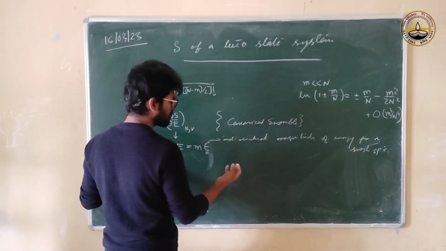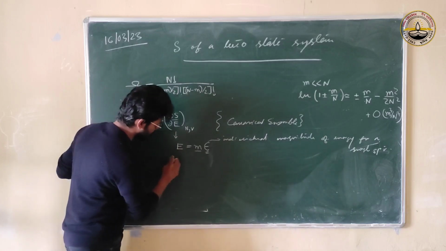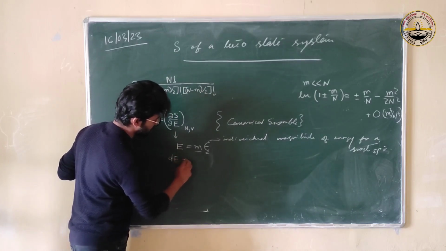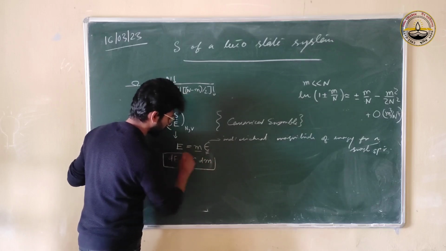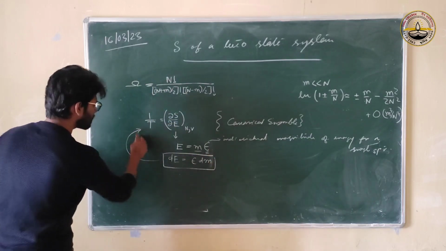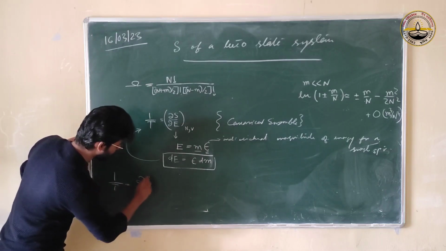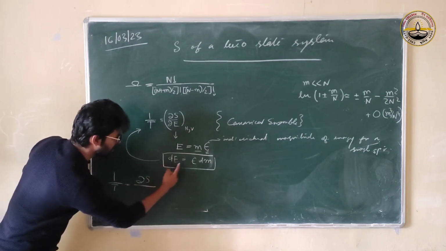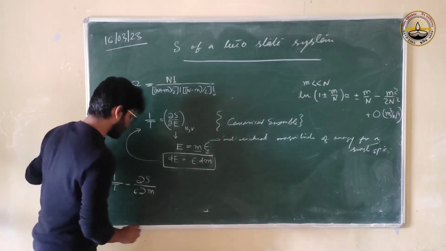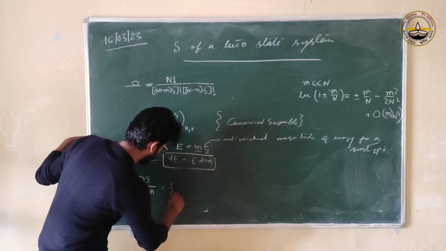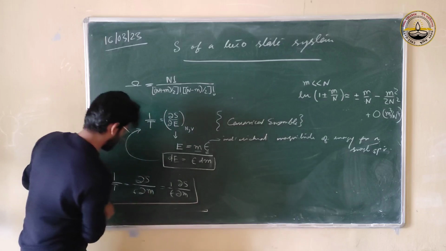It could be mu dot B, but it's constant. So M is variable. So if I take a variation dE, that will be epsilon dM. And if I use it here, then I get 1 over T equal to del S by del E, so that is epsilon del M. Okay? So 1 over epsilon del S by del M.